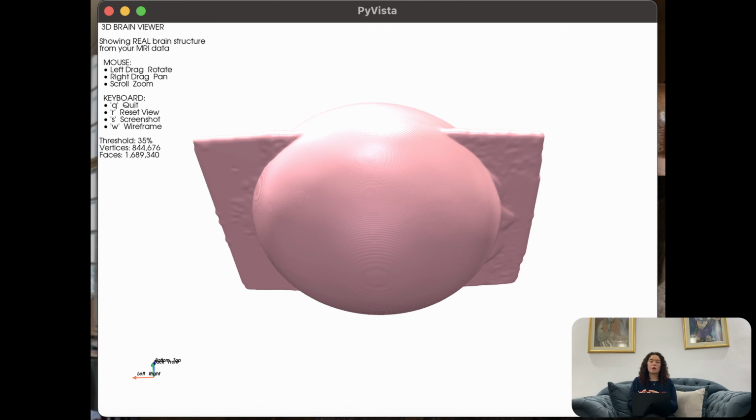Not the goal really, because I wanted a 3D brain with a tumor and everything, but it was a good first step. And this made me realize that a single MRI slice doesn't have enough information to reconstruct patient-specific 3D anatomy.